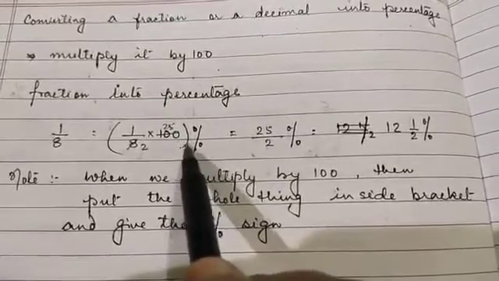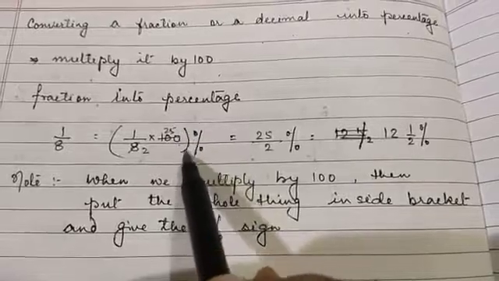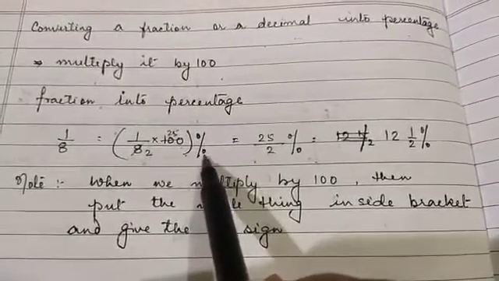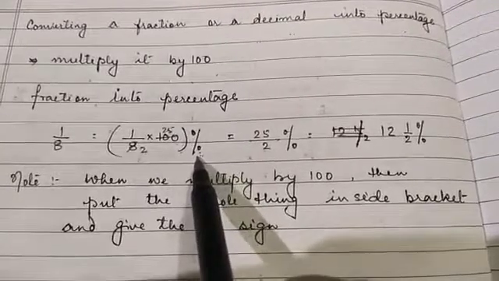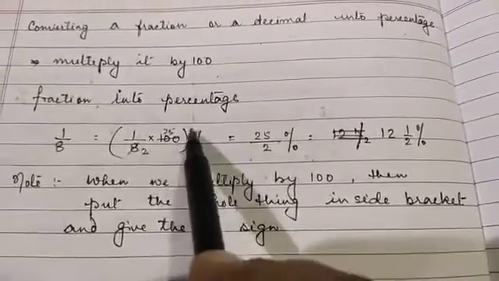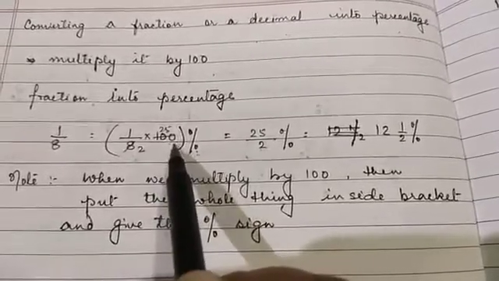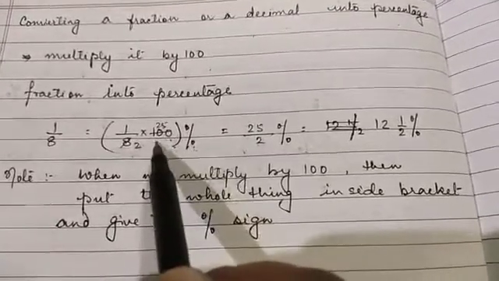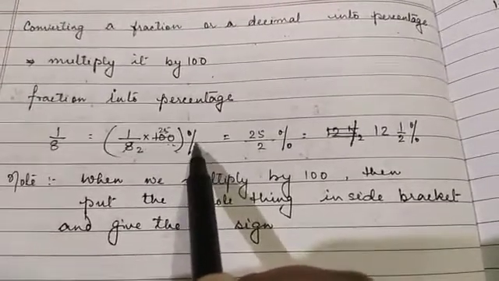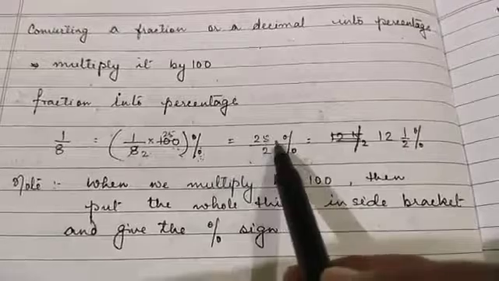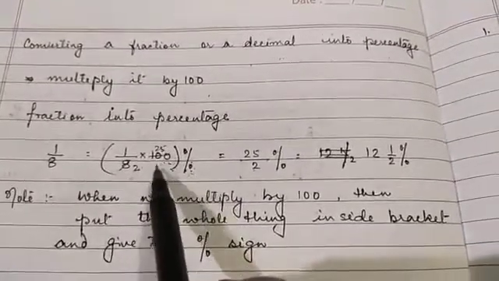Okay, when you are multiplying it by 100, you will put the whole thing inside the bracket and give the percentage sign. Otherwise this will be wrong. Once multiplied by 100 means you are converting into a percentage. So this is 25. 4 2s are 8, 4 25s are 100.